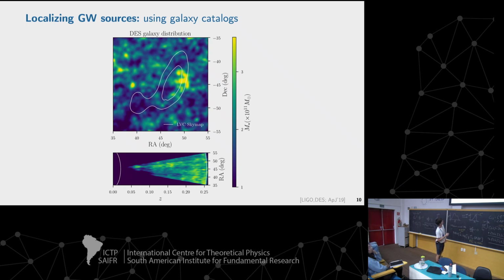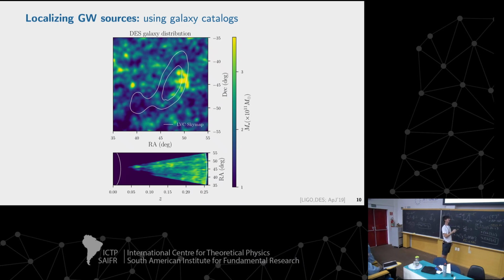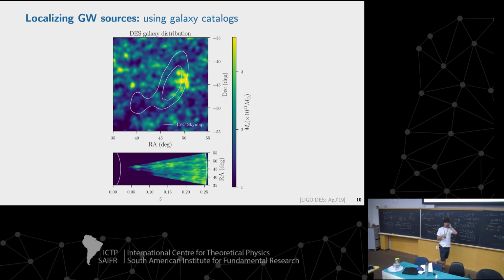I forgot actually for this event how the redshift distribution and the luminosity distance look. But what you would need to do is to look for the galaxies within this error box which are consistent with your event.